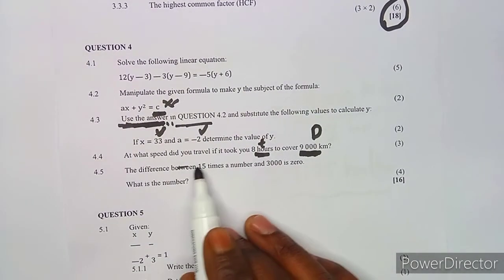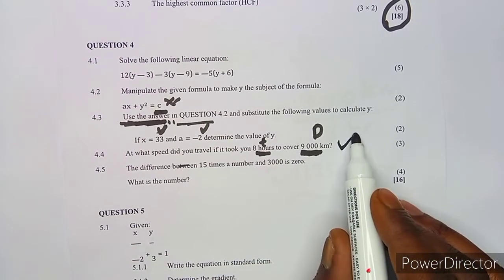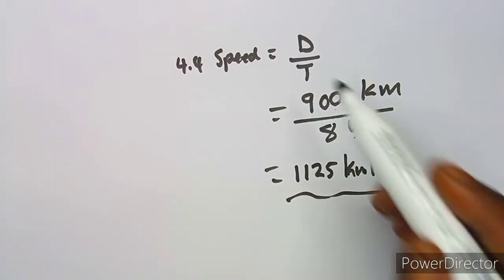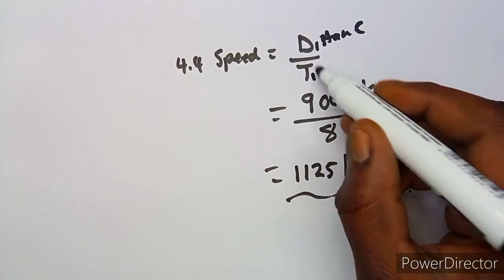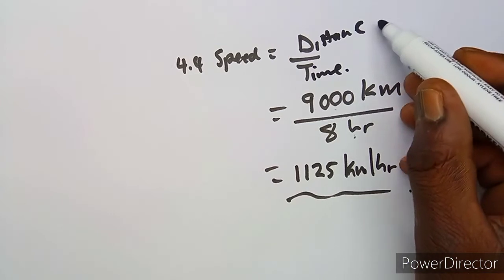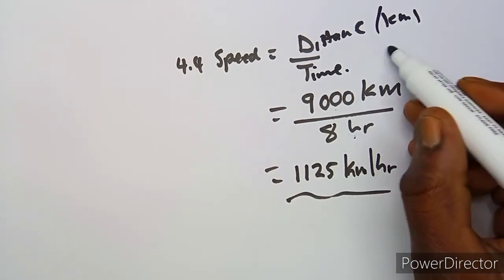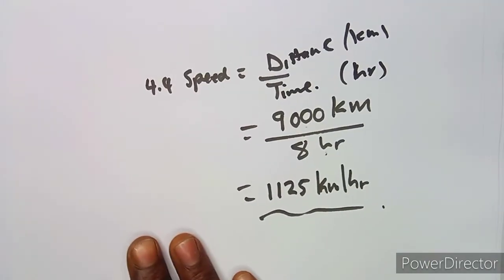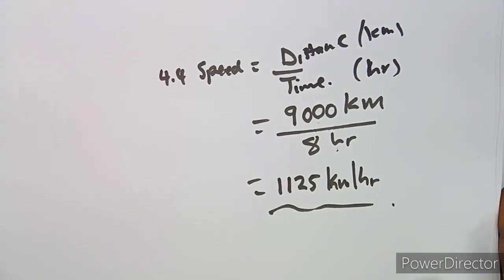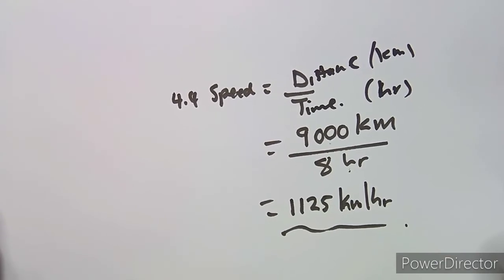So that's what we have, guys. You have to make sure that this is kilometers. So the formula: speed is equal to distance over time. This is actually distance here over the time taken. The distance should be in kilometers and the time should be in hours. That's actually what you are supposed to understand or to know in this platform. All right, so that's it.